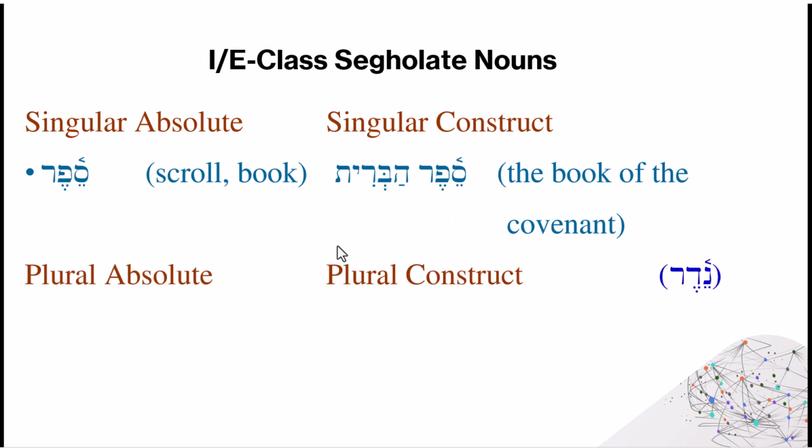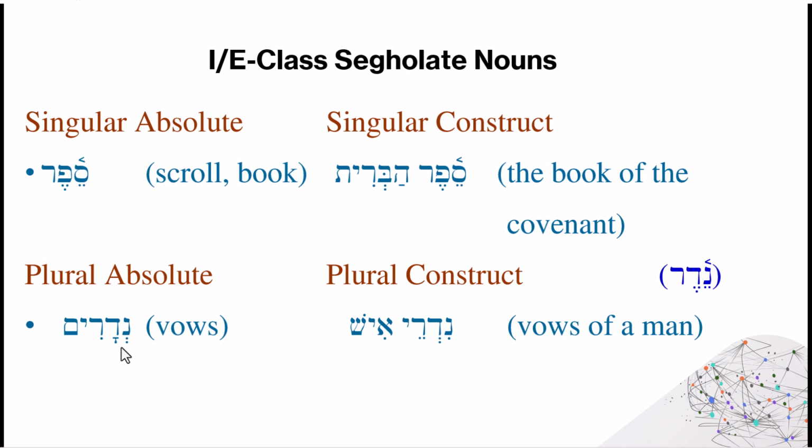But if we look at plurals, for instance, neder, which is a vow, we have nedarim, the absolute, vows, but in construct, here we have nidrei ish, vows of a man. In this case, we have a hirik as our opening vowel, and then again a silent schwa, nidrei ish. Because of the hirik, it's an I or IE class Segholate noun.